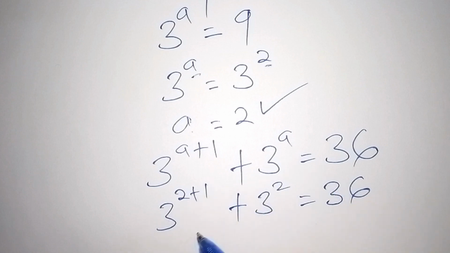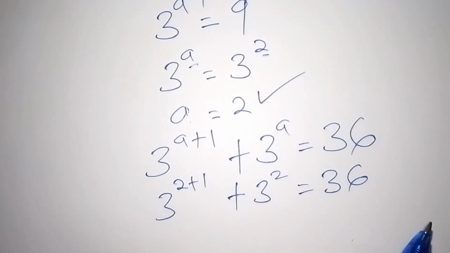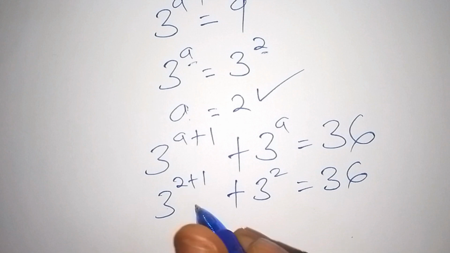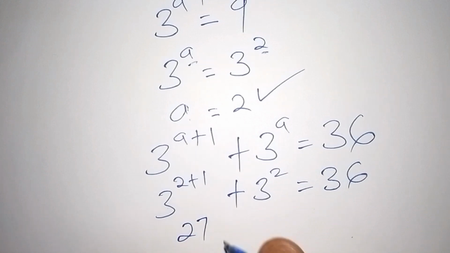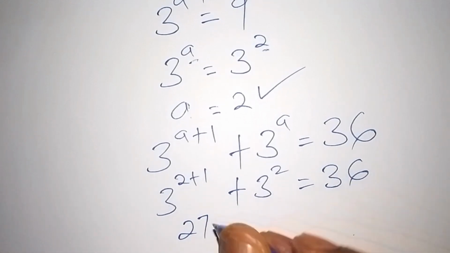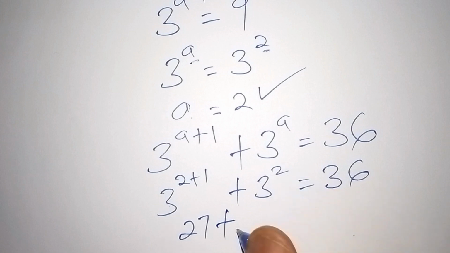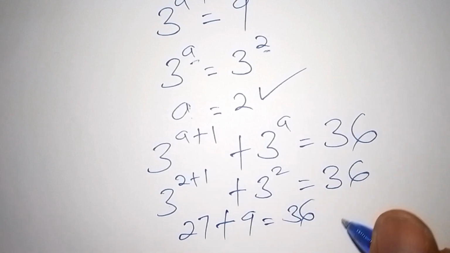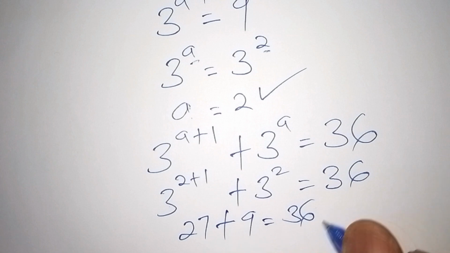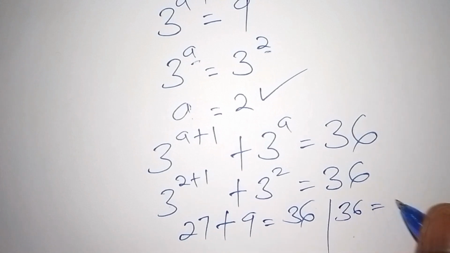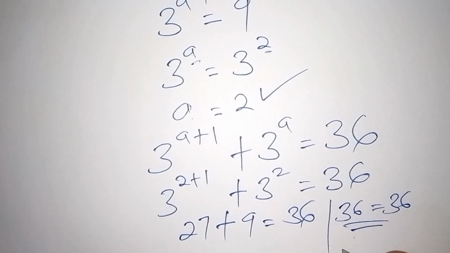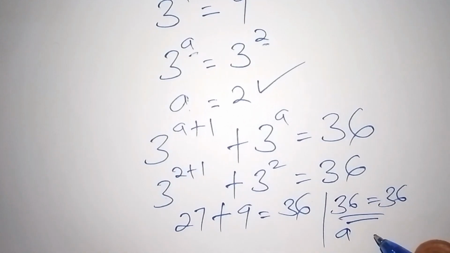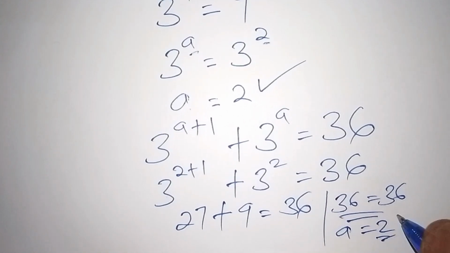So 3 to the power of 3 is 27, because 3 times 3 is 9, then 9 times 3 is 27. Then plus 3 to the power of 2, which is 9, is equal to 36. So finally we conclude by having 27 plus 9, so we have 36 is equal to 36. So our value for a is equal to 2.